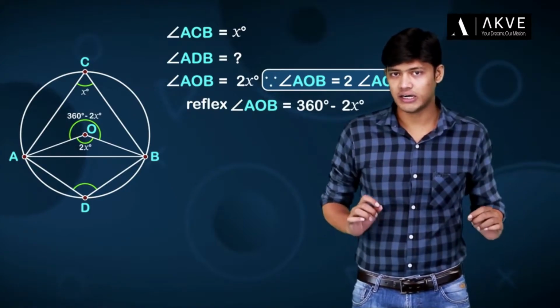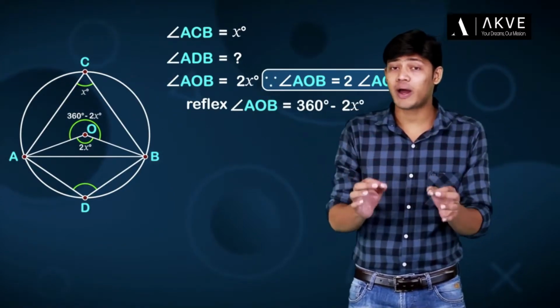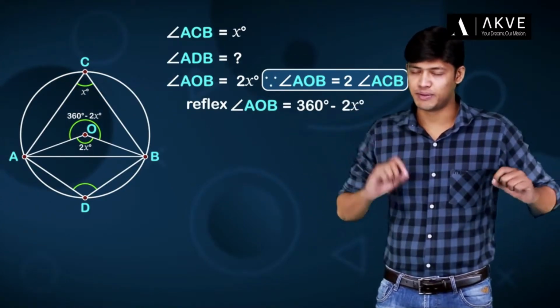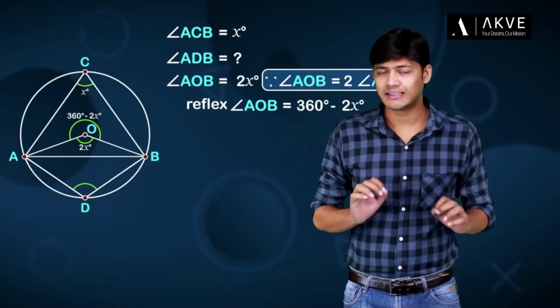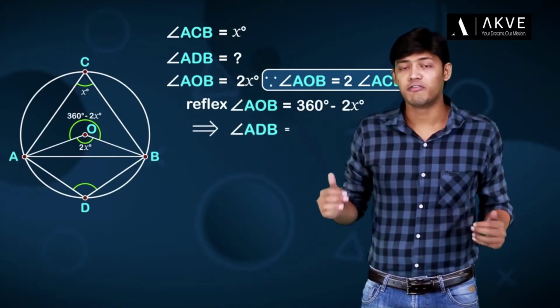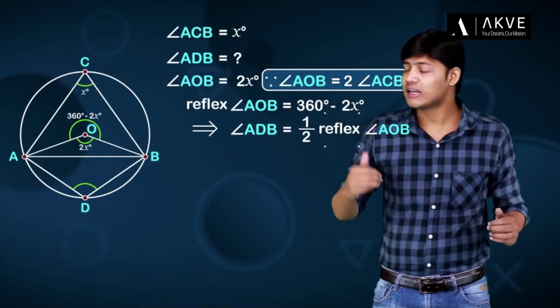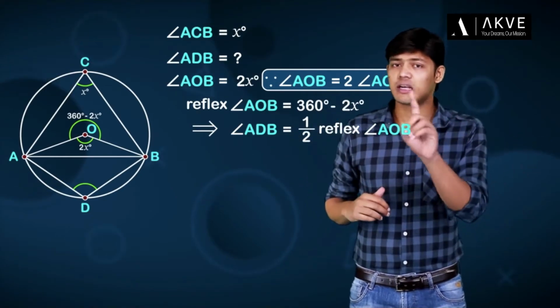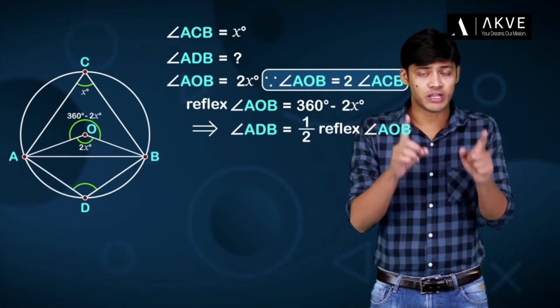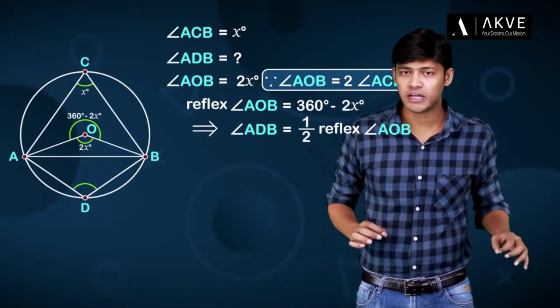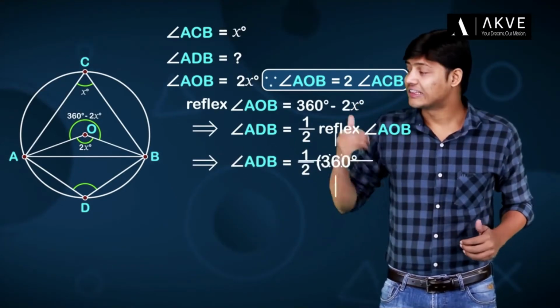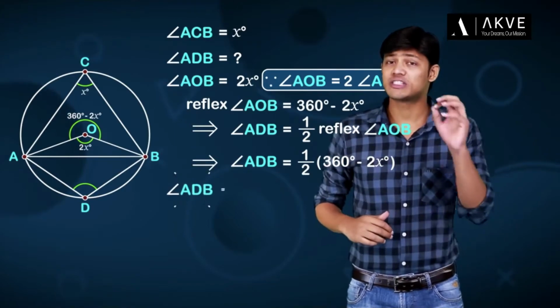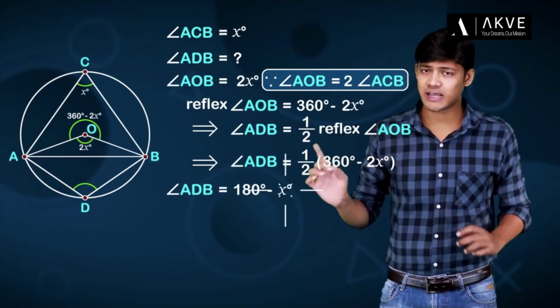And we know that this angle will be twice the angle ADB, which implies that the angle ADB will be half the angle AOB, which is the reflex angle. So therefore the angle ADB will be half of 360 minus 2x, which is nothing but 180 minus x.